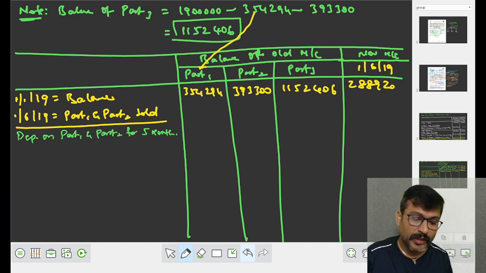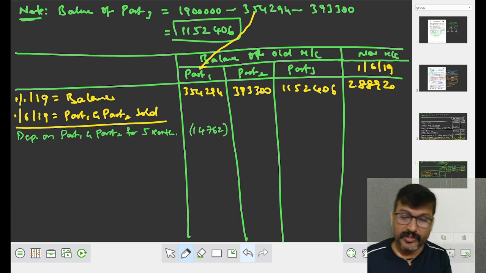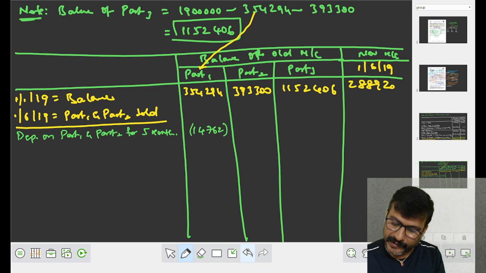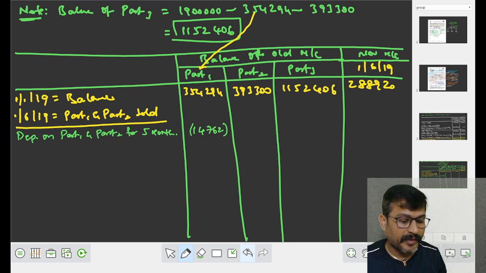Use a calci. 3,54,294 into 10% into 5 by 12, it comes to rupees how much? 14,762. Take 3,93,300 into what's the percentage of depreciation? 10% depreciation.